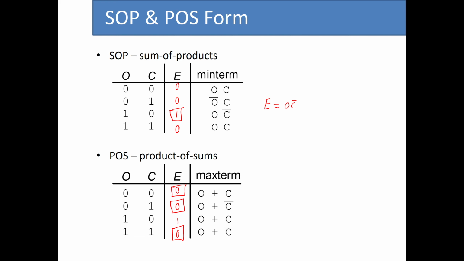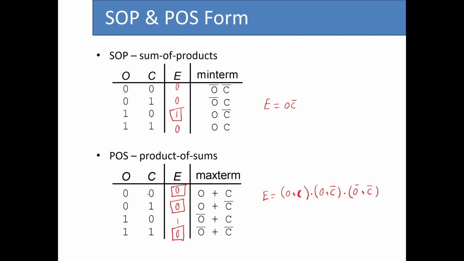So it's true everywhere else for every other row, but it is false for that specific row. To write the function in terms of product of sum or product of max terms, we AND all the max terms for which the output is 0. So we have 3 max terms here for which the output is 0. We have O plus C. We multiply that, or AND that, with O plus C bar. We AND that with O bar plus C bar.